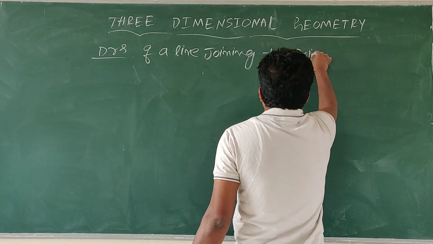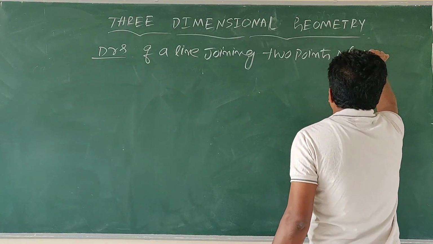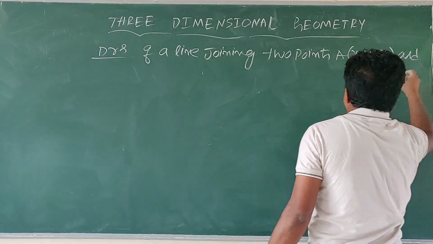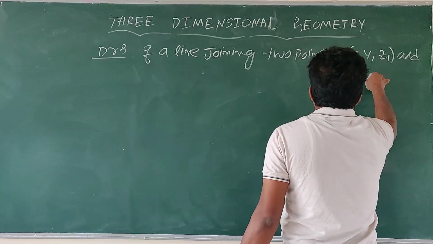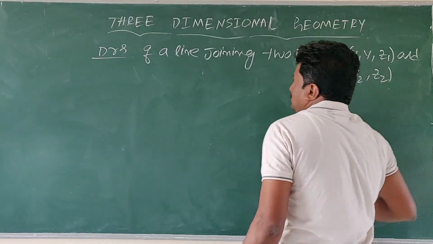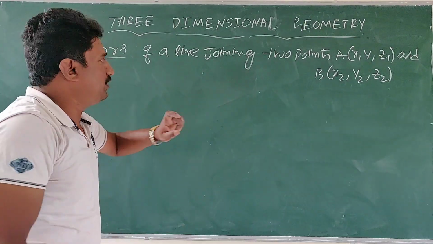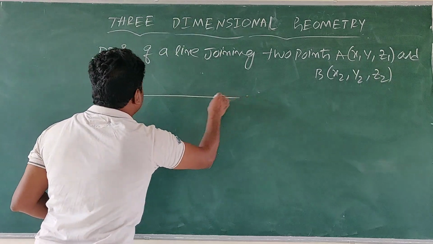A (x1, y1, z1) and B (x2, y2, z2). So direction ratios of a line joining 2 points A (x1, y1, z1) and B (x2, y2, z2). Look at this figure, students.